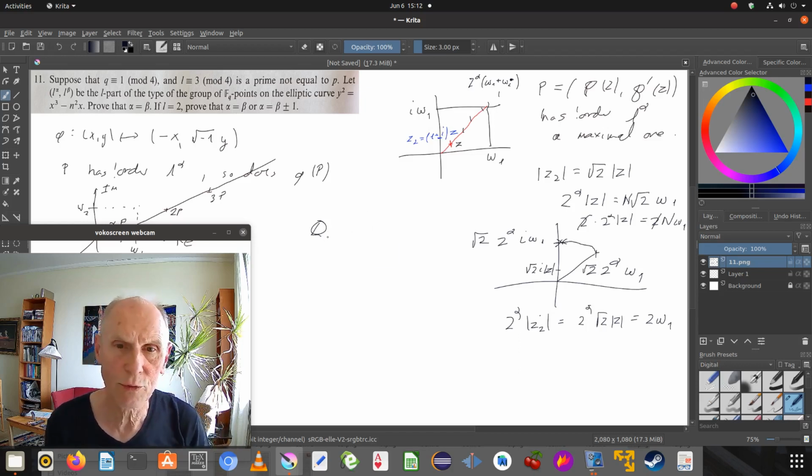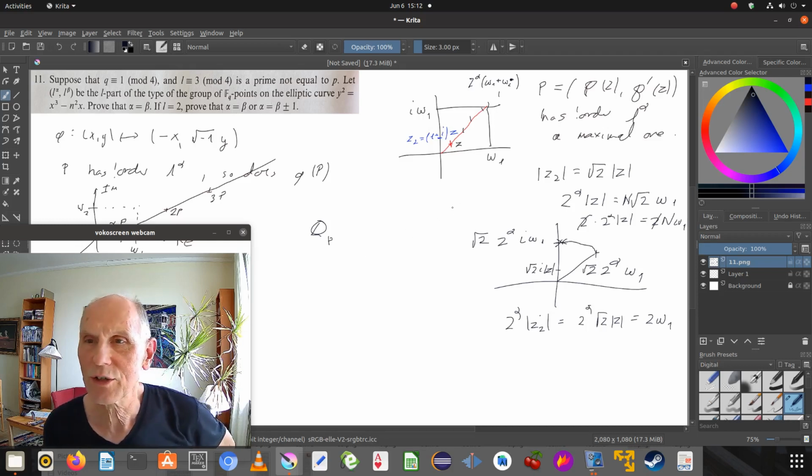I think it should be QP, where we take the closure with respect to the p-adic norm. But we haven't done any of this yet, so that's not the point.